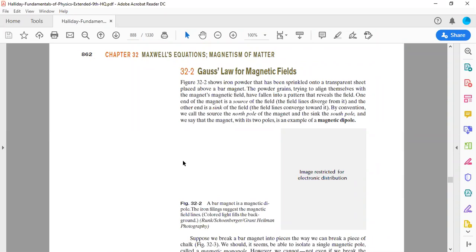The first two were Gauss's law for electric fields, and then Gauss's law for magnetic fields.